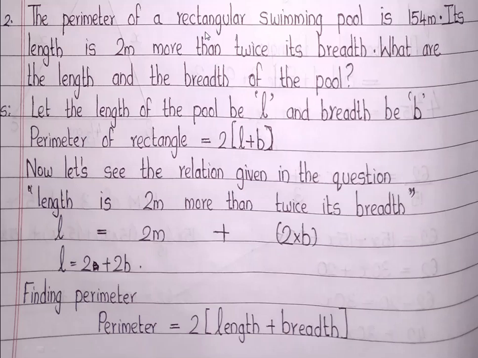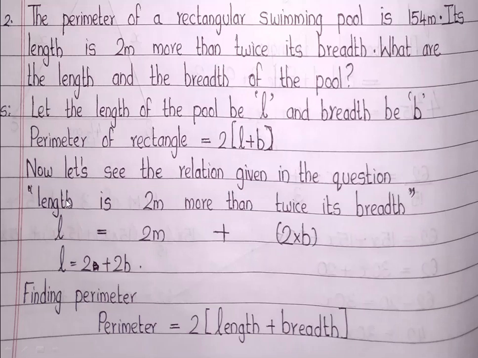Perimeter of a rectangular swimming pool. Rectangular perimeter. What is the perimeter of a rectangle? It is 2 into L plus B. Its length is, I'll read it part by part, its length is 2 meter more than twice its breadth. I'll show you how we are converting.